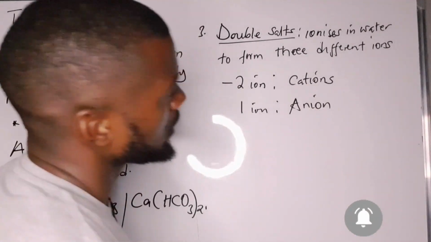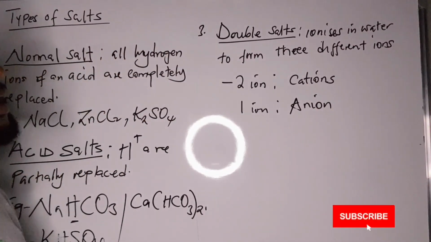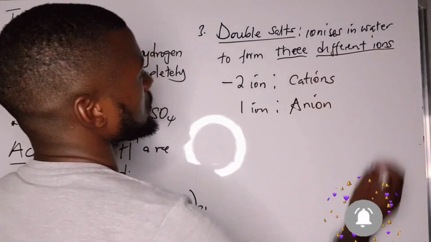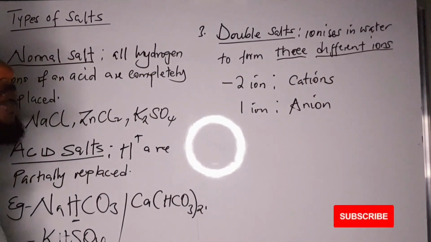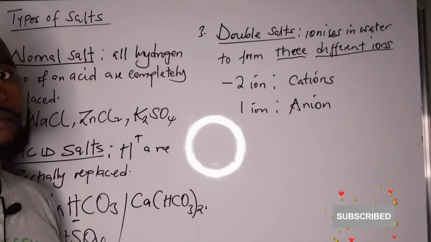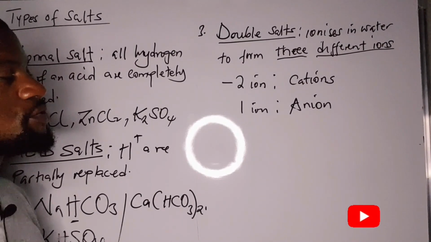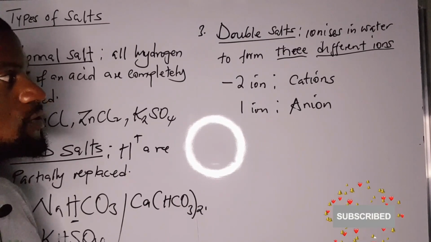So 2 cations, 1 anion. These are the 3 different ions that are formed when a double salt is dissolved in water.